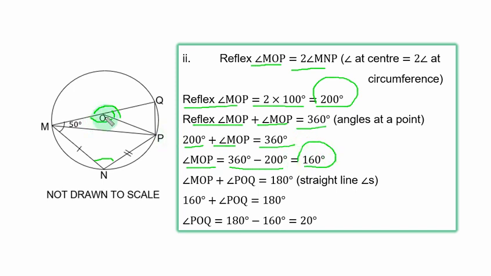The obtuse angle plus this other angle, the sum is 180 degrees. You have this result, and angle POQ is equal to 180 degrees minus 160 degrees. That is 20 degrees.